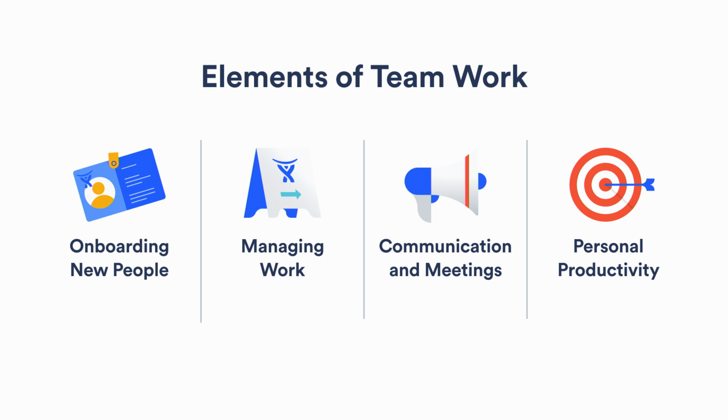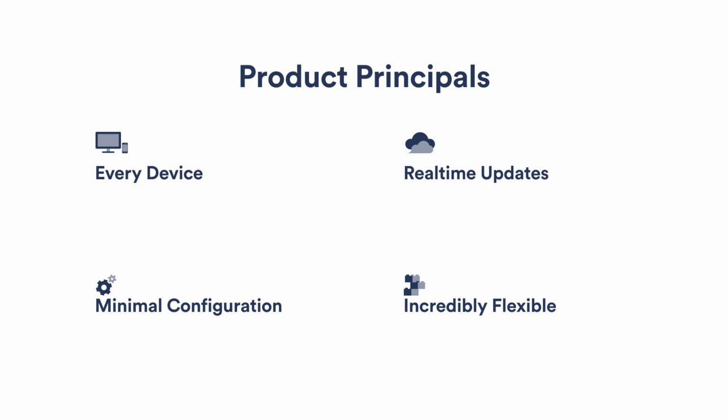So we've been very intentional about how we've approached onboarding new people and getting them up to speed, managing work and projects, communicating and holding meetings, and managing everybody's personal productivity to ensure that they have the right context and the right information to make smart decisions and do good work, even if they're not in the office with everybody. We rely on Trello heavily for all of these things, and our need to do that and the way we do that has evolved the product to a few common principles that I'd like to talk about.